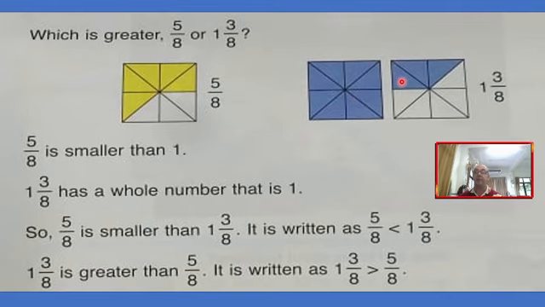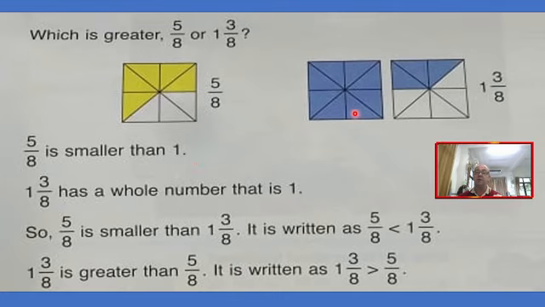And then we have 3, 1, 2, 3 pieces of another group of 8. So we write 1 for the whole piece and 3 over 8 for this piece. So 5 over 8 is smaller than 1.